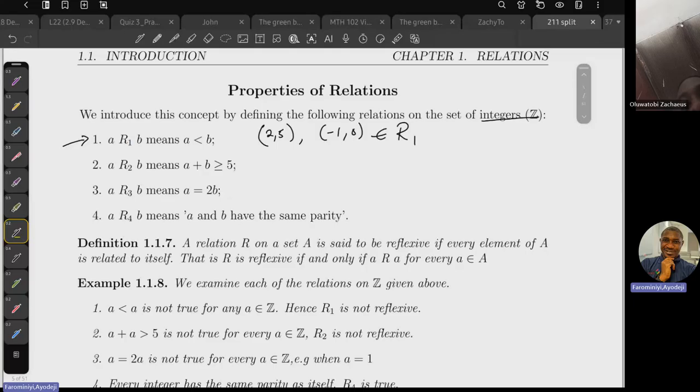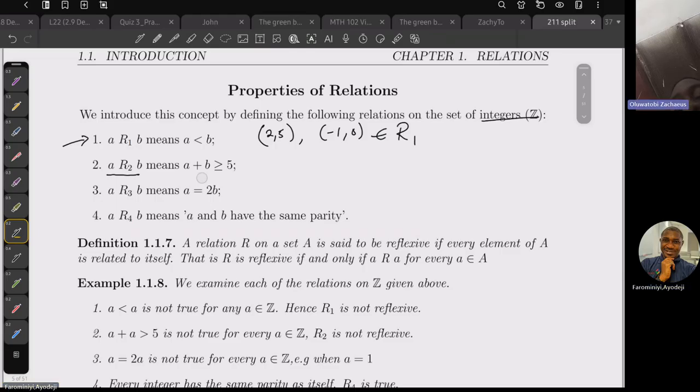You could just look at this and give me 2 examples of elements in R2 if you understand the description. So the description is saying 2 elements are related if their sum is greater than or equal to 5.